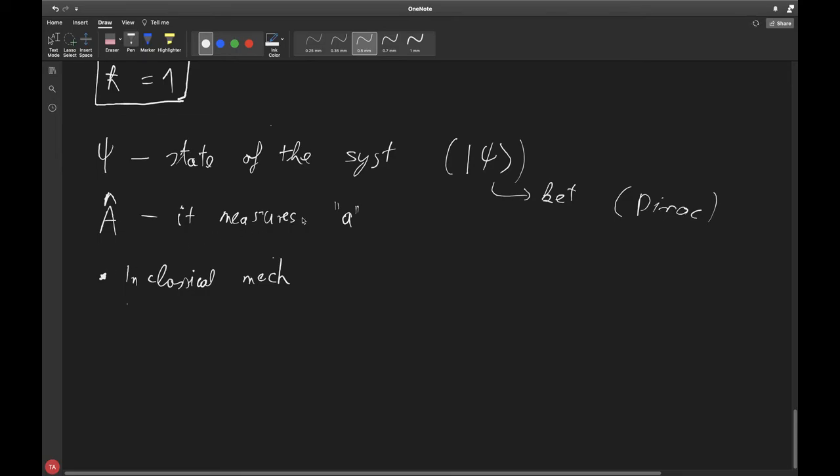So we said that A measures the parameter lowercase a. So let's just say that we launch the rocket, and when we look at it and we see that it is a kilometer above ground, then its state is going to be that it is a kilometer above ground, and the measurement is also saying that it's a kilometer above ground.